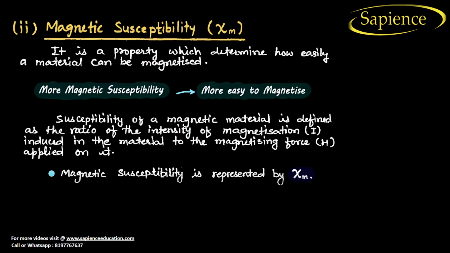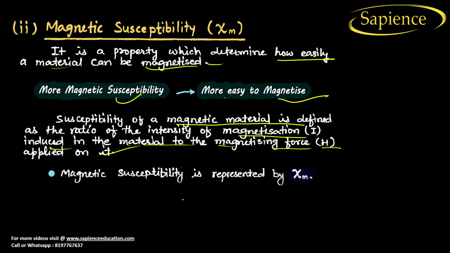Now let us go for magnetic susceptibility. It is the property which determines how easily a material can be magnetized. If it has more magnetic susceptibility, it is easier to magnetize. Susceptibility of a magnetic material is defined as the ratio of the intensity of magnetization induced in the material to the magnetizing force applied.